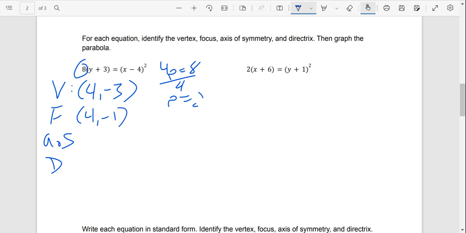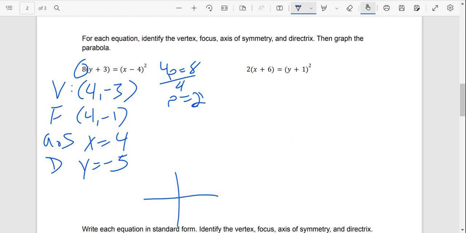Axis of symmetry: since it's a facing up problem, it's always going to be x equals your h value, which is 4. Directrix: subtract 2 from the y value of your vertex. Negative 3 minus 2 is negative 5, so your directrix is y equals -5. If it helps, look at that chart I showed you before.